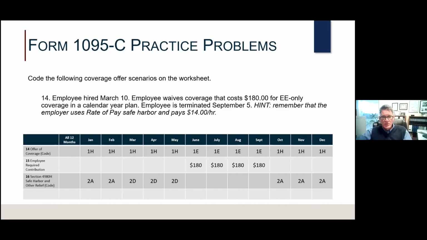So if we did change this safe harbor for this employer to W-2, we'd have to do it not only for this employee, but also for everybody else, which would potentially create changes to all of the other 1095s because the code for W-2 safe harbor is different than the code for rate of pay safe harbor. Any questions about this before I move on? All right.